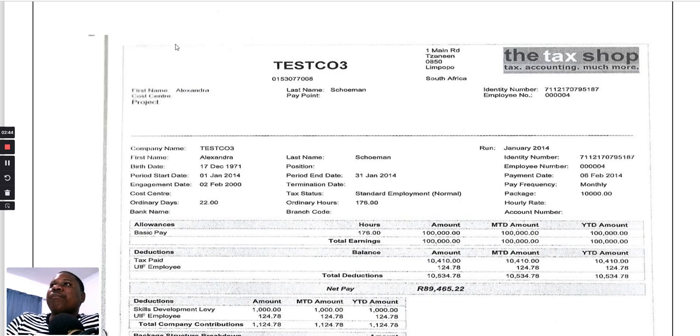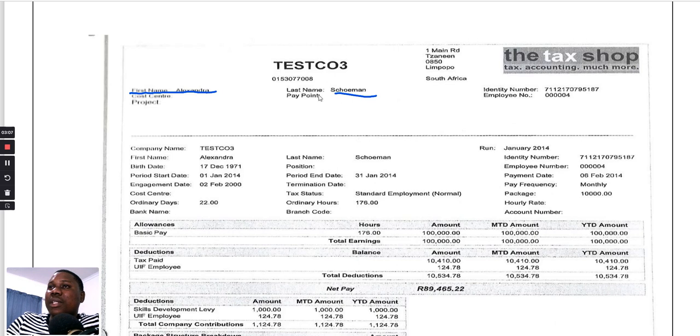Okay, if we check here, we have the name. That means this is the name of the person that is going to receive the payslip.